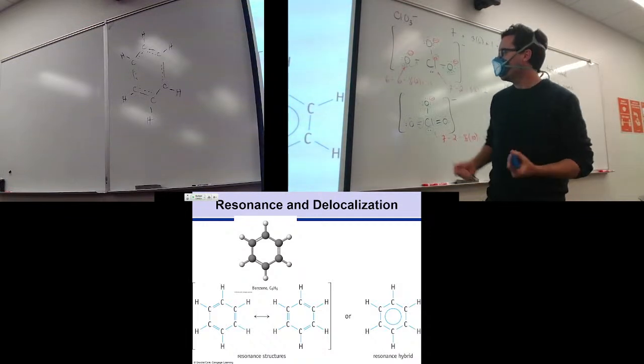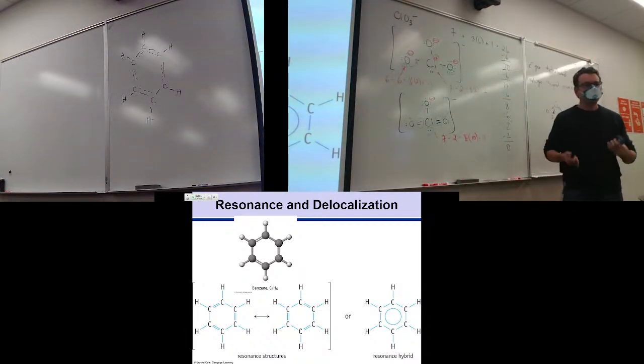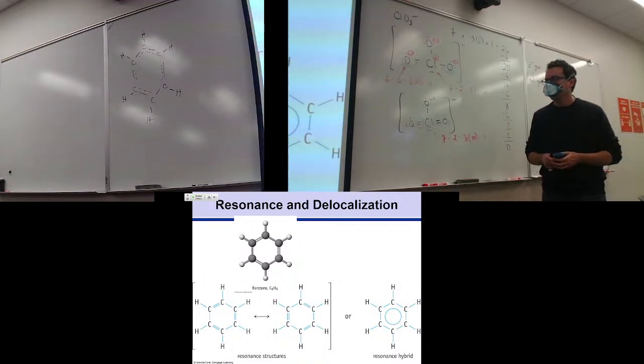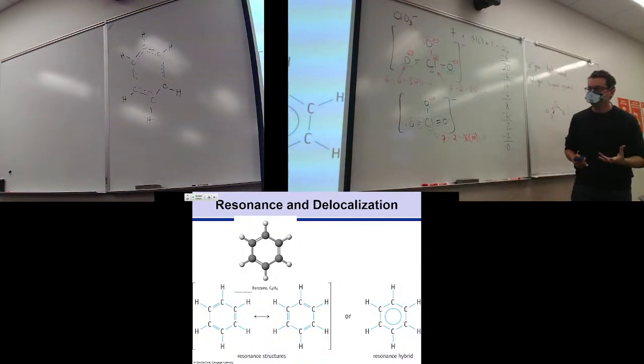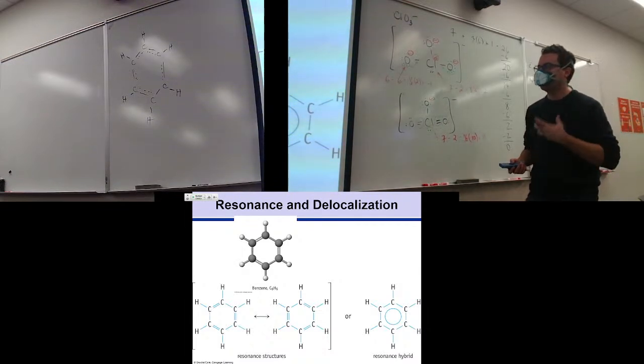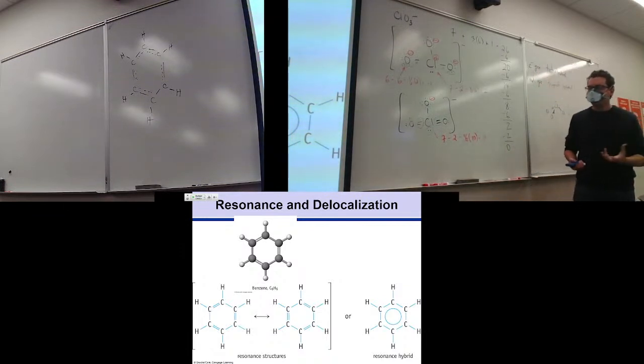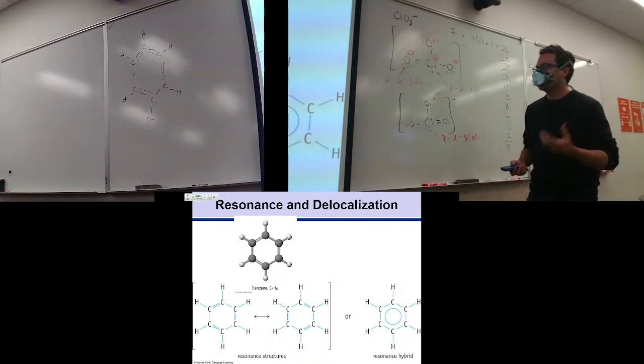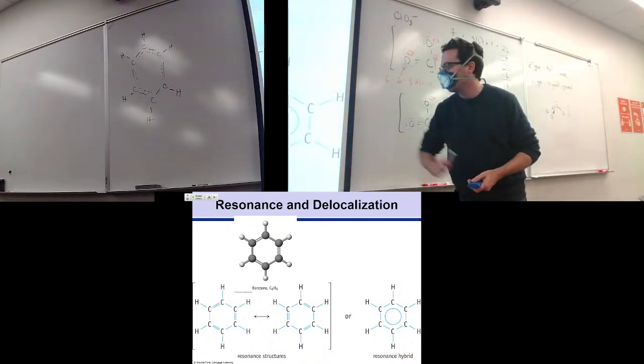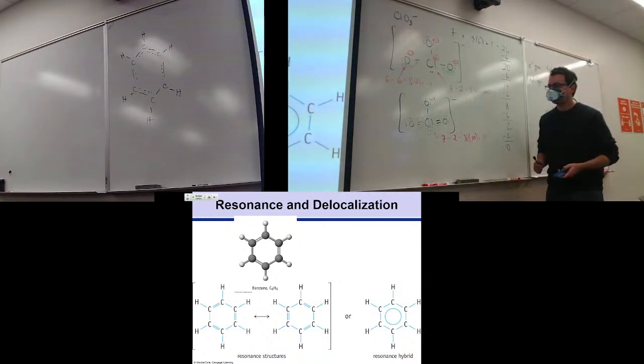It's the picture of all of the resonance structures that are valid, mixed together into one. And again, it's a better picture of what the molecule really looks like at the molecular level, or how it acts at the molecular level, but it's just not a good Lewis structure, so you can't really formally draw that when you're drawing Lewis structures. But this is very well accepted, so you'll see this a lot.